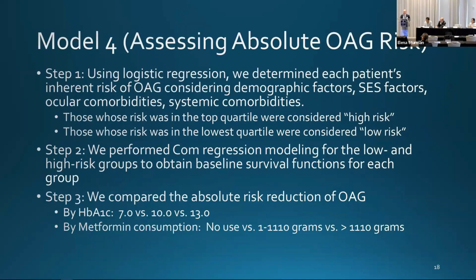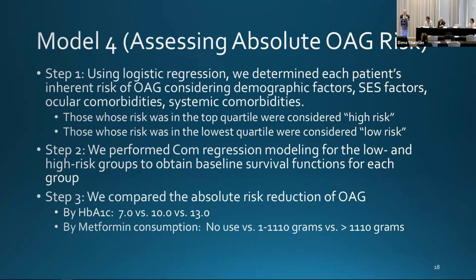Then we developed this fourth model, and I'll try to walk you through how we did this one. The first step, we built a logistic regression model to determine a patient's underlying inherent risk of glaucoma, just based on their demographics, their socioeconomic factors, ocular and systemic comorbidities.